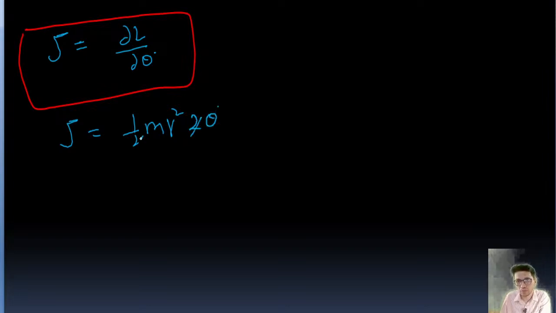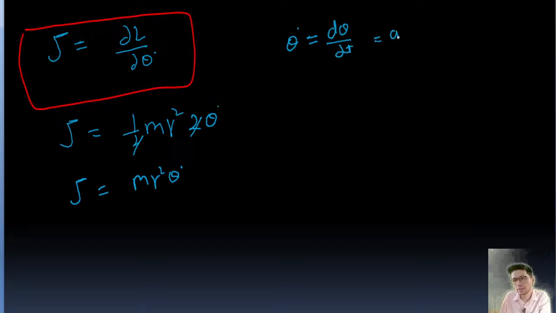The 2 gets cancelled, so J equals m r square theta dot. Theta dot is the angular velocity, d theta upon dt, the angular speed.